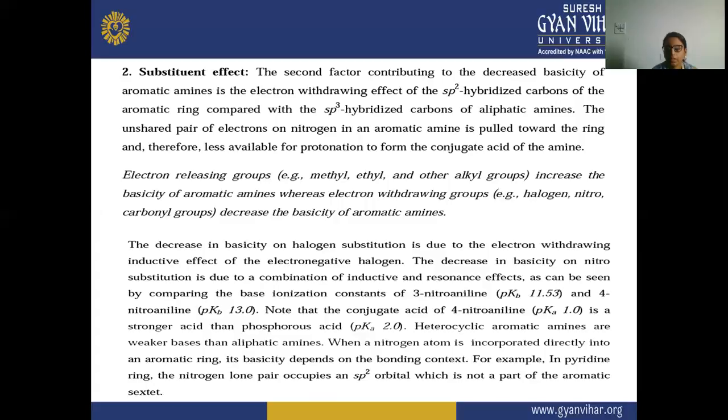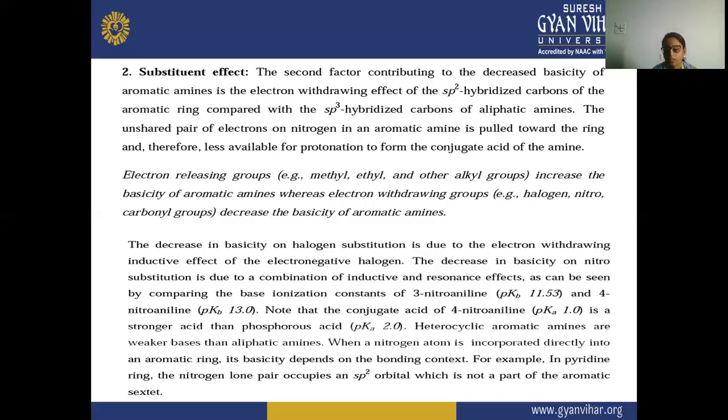For example, in the pyridine ring, a heterocyclic aromatic amine, the lone pair occupies an sp2 orbital, which is not a part of the aromatic sextet. The nitrogen atom is incorporated directly into the aromatic ring.